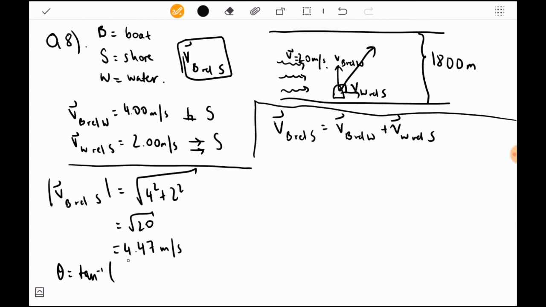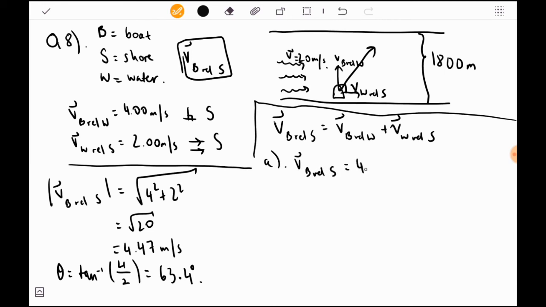So the angle to the shore will be given by the inverse tan of the velocity of the boat relative to the water, so 4, over the velocity of the water relative to the shore, which is 2, which comes out as approximately 63.4 degrees.